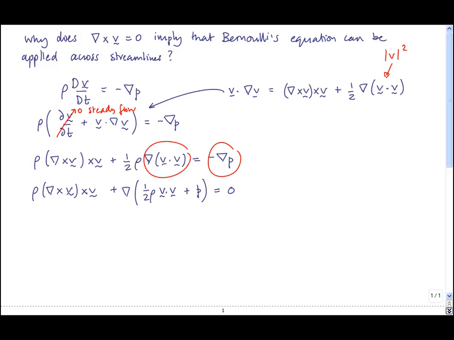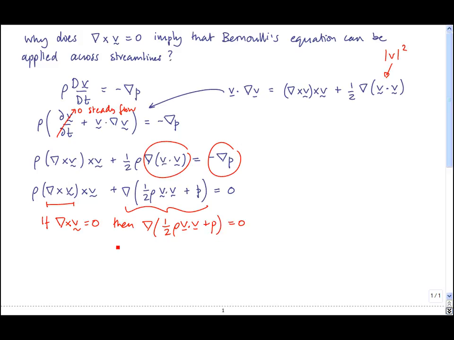And this is actually all I need, because look at this. If curl of v is equal to 0, then this quantity here, grad of a half rho v dot v plus p, is equal to 0.